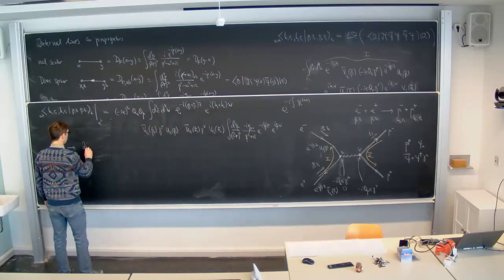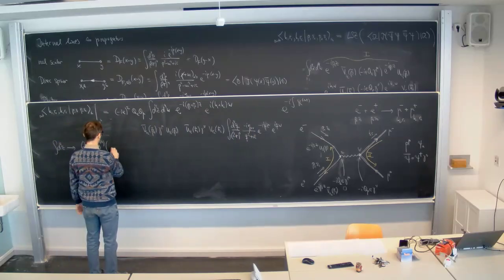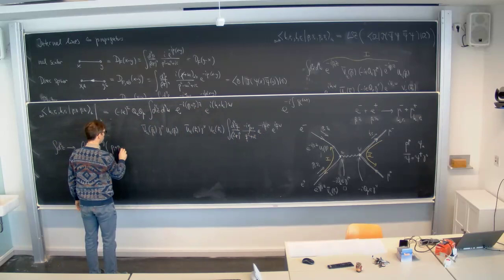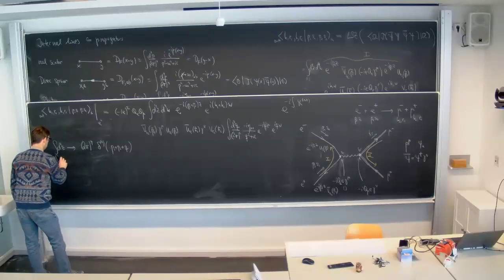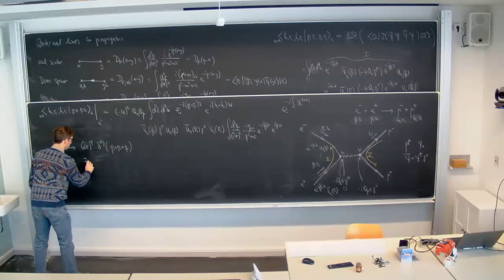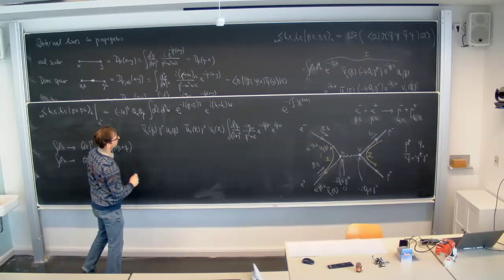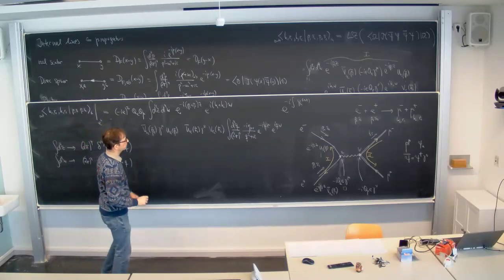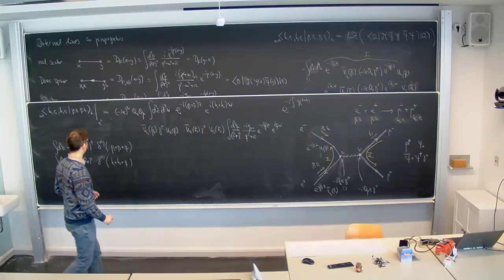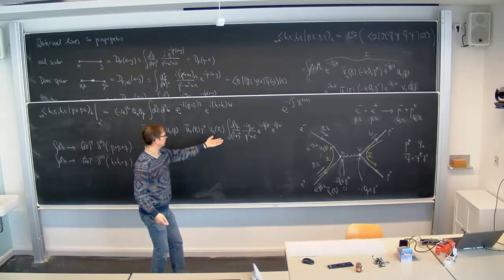This will be a 2 pi to the 4 delta of P1 plus P2 plus Q. And the w will produce delta 4 of K1 plus K2 also Q. They're all the same signs. And since we have that, then we can also integrate the Q.